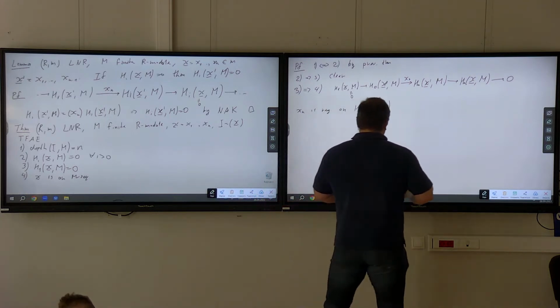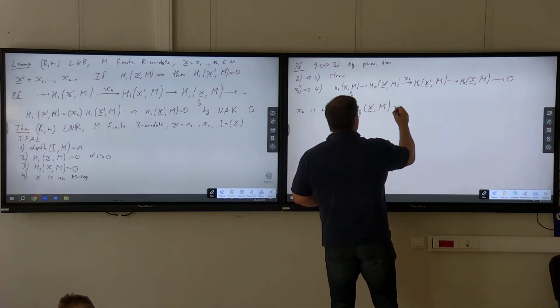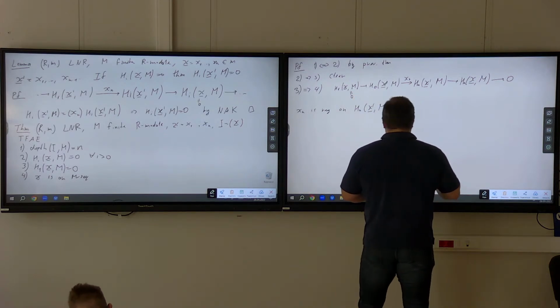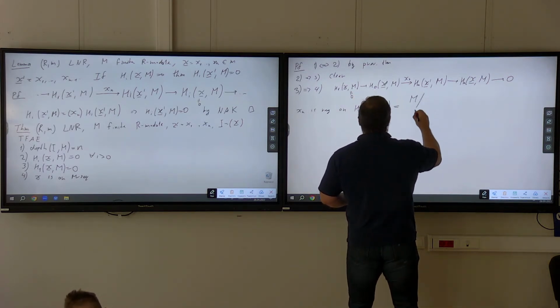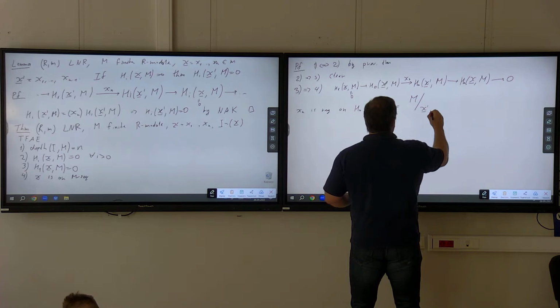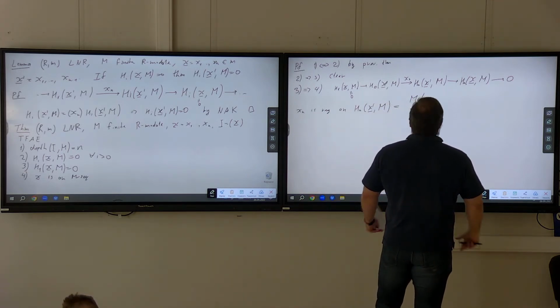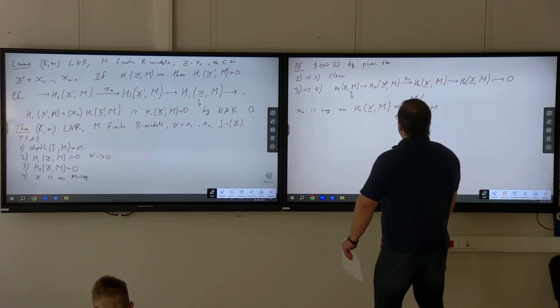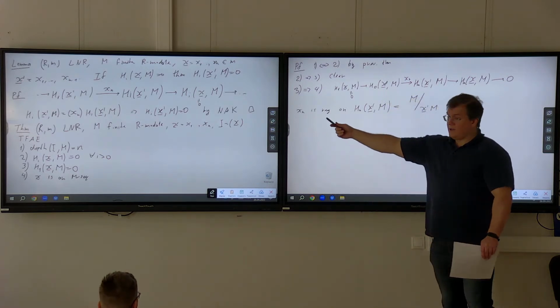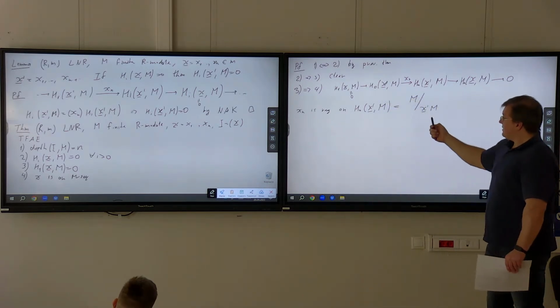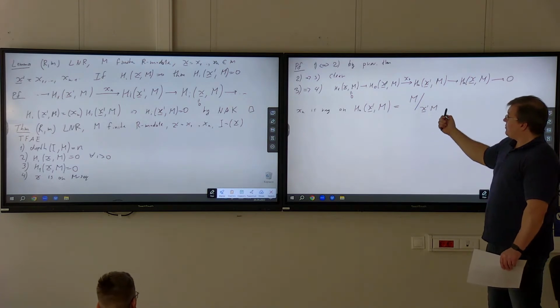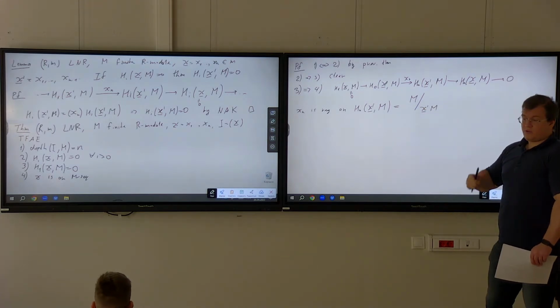But of course this we can explicitly compute. Zeroth Koszul homologies are easy to compute. This is just the quotient of M by x prime m. So we prove by induction that xn is regular on the module that we obtained by quotienting by all the previous ones.